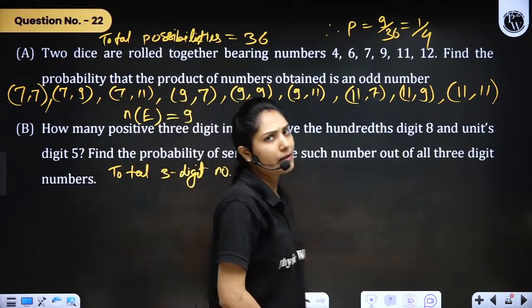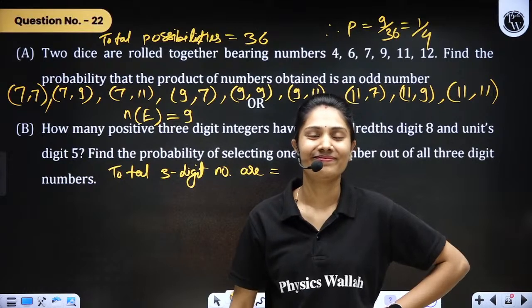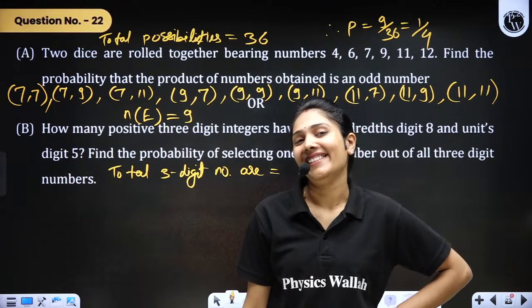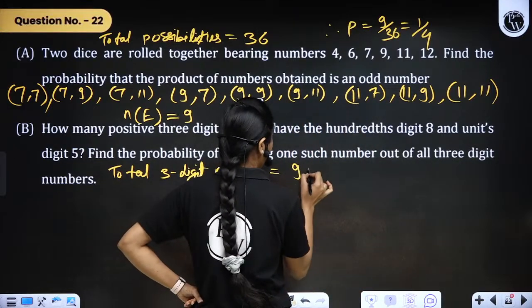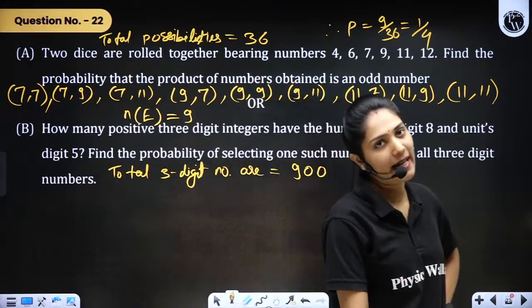How many 3-digit numbers are there, beta? 900. Exactly. Okay, so the total 3-digit numbers are 900, starting from 100, ending at 999.